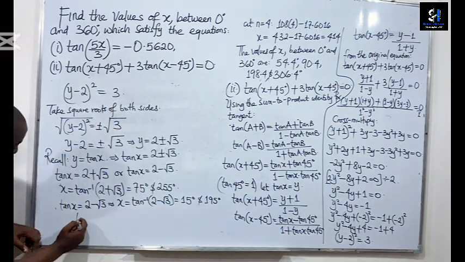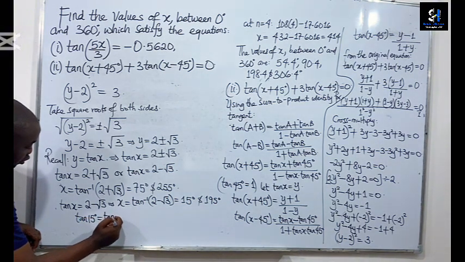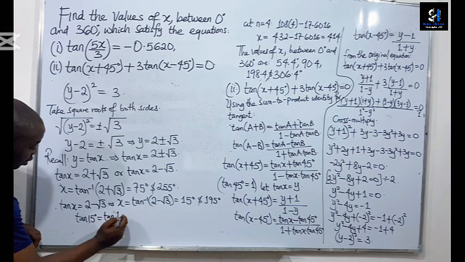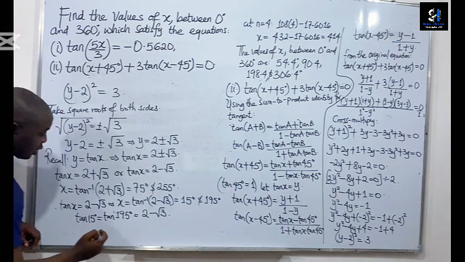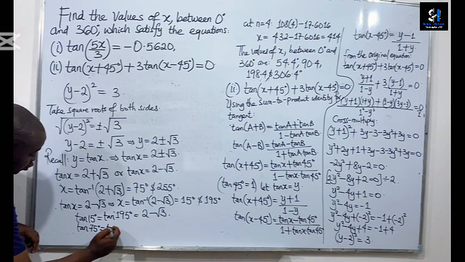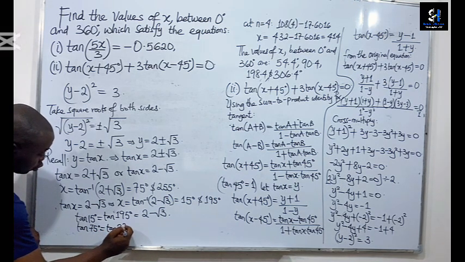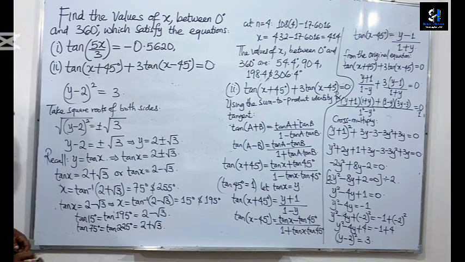What I'm saying in essence is that tan 15 degrees is equal to tan 195 degrees, and that is 2 minus radical 3. Then also tan 75 degrees is equal to tan 255 degrees, and that will be equal to 2 plus radical 3.